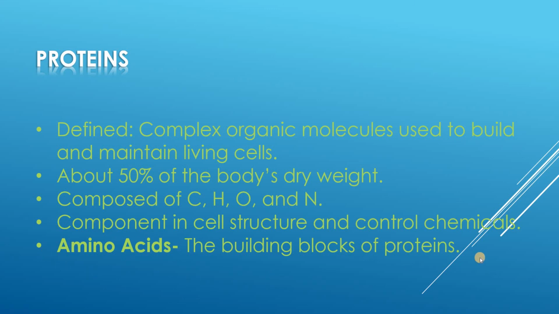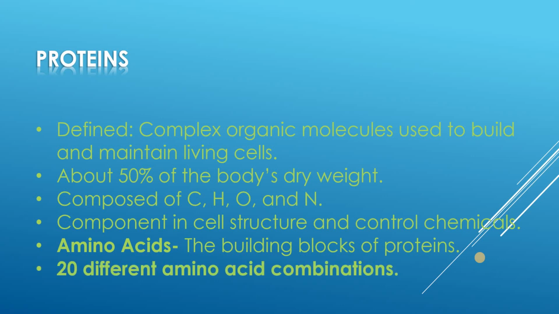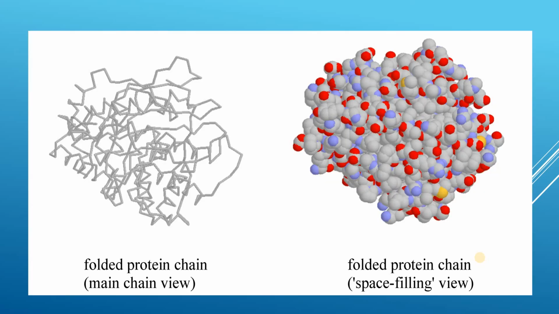When I say building blocks, you think of those little ABC blocks that kids play with. We're really thinking more like the rings of chemistry that are making up all of the long chains of molecules. There are about 20. So as complicated as chemistry is, there's only 20 different amino acids that can make all the variety of proteins that exist. Well, proteins are pretty cool looking. They're very complex.